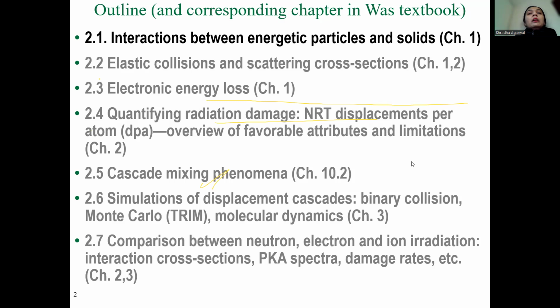In that you have to do certain SRIM calculations. I have given you the initial ion, and the final material on which the initial ion is making collisions, and then you have to determine the range and everything.